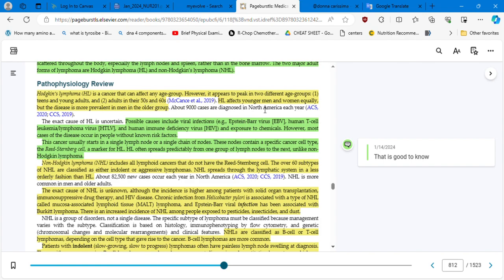HL affects younger men and women equally. But the disease is more prevalent in men when the HL hits the adults, especially the men in the older group. Possible causes are viral infection, especially the Epstein-Barr, which is the most common cause of mononucleosis.